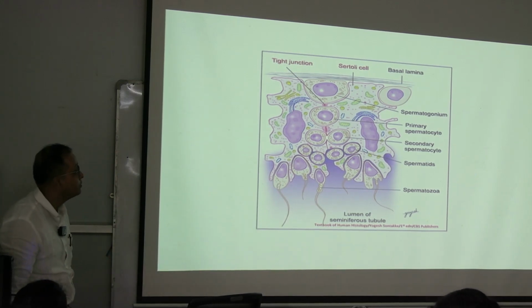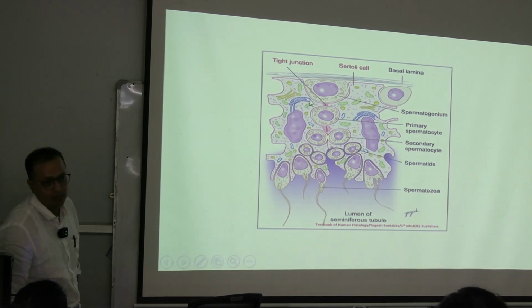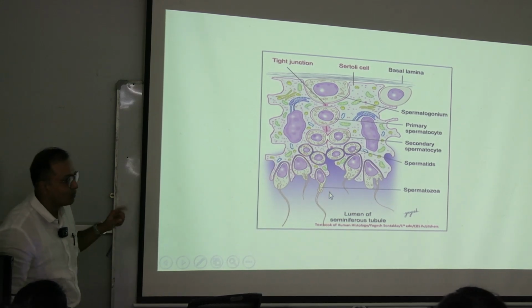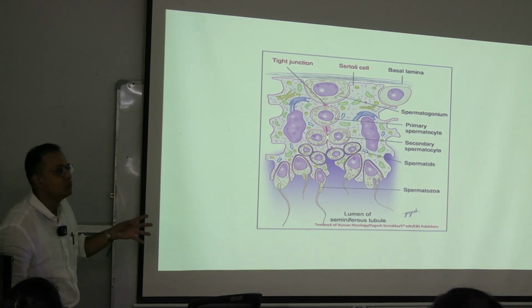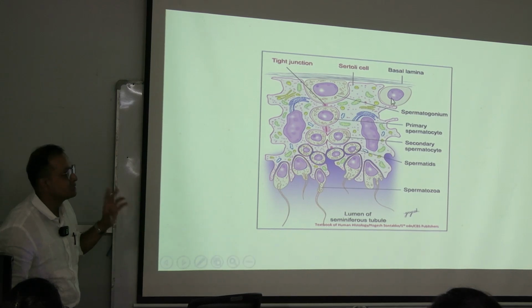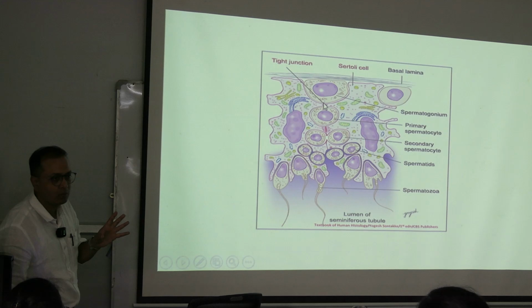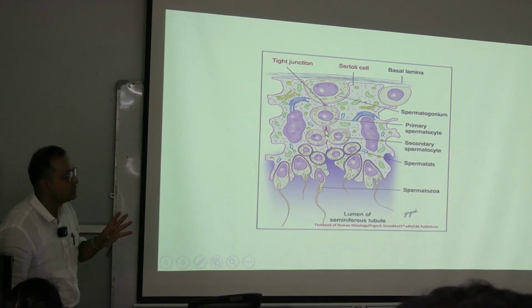So for that we produce a barrier system, we call it the Blood-Testis Barrier. The internal environment of the seminiferous tubules is restricted from exposure to the blood system. How is this produced? The Sertoli cells produce it. Between the Sertoli cell processes and cell bodies, they create a tight junction, so nothing escapes between them.